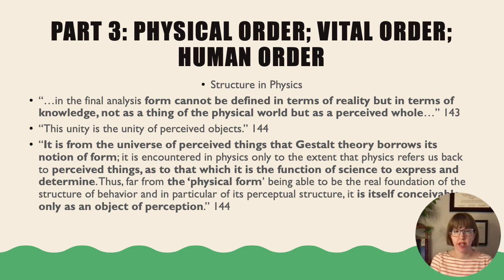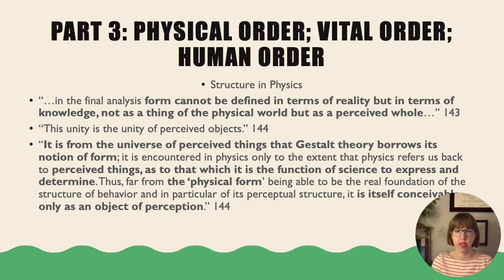He says, in the final analysis, form cannot be defined in terms of reality, but in terms of knowledge, not as a thing of the physical world, but as a perceived whole. So knowledge is very important. This unity is the unity of perceived objects. It is from the universe of perceived things that Gestalt theory borrows its notion of form.